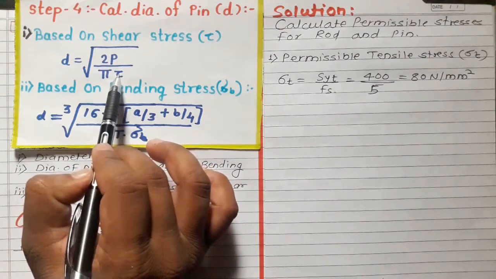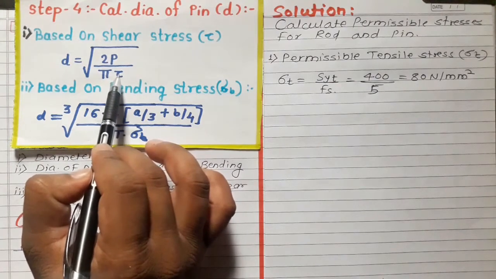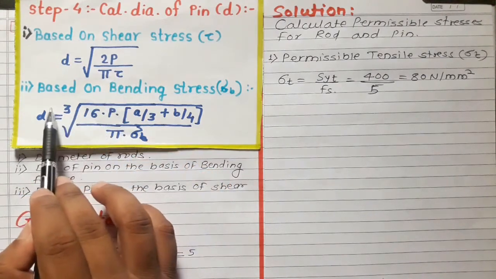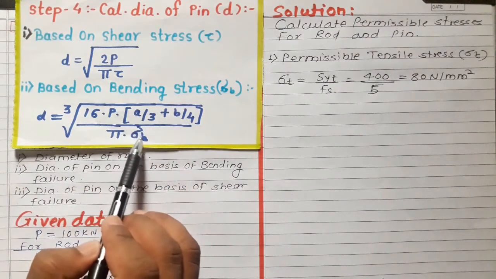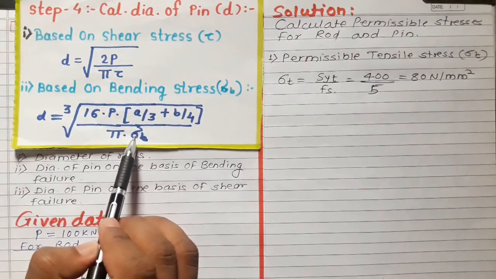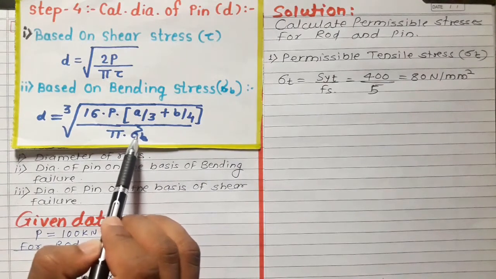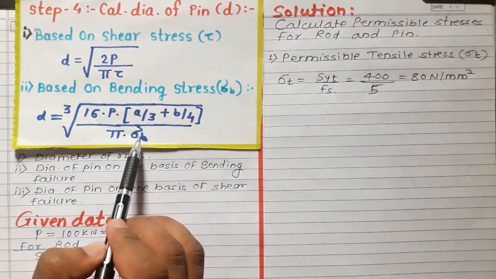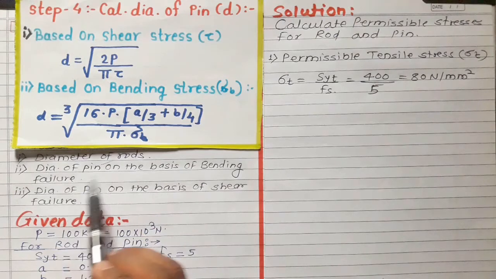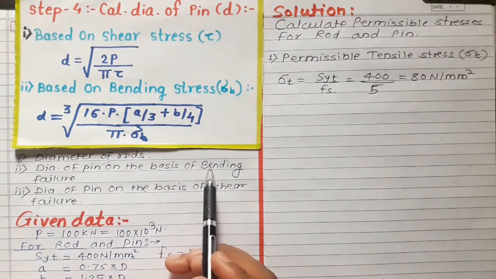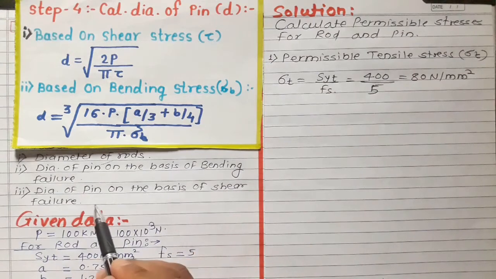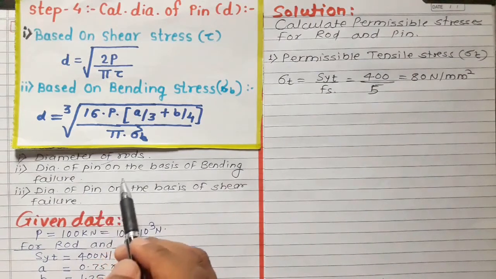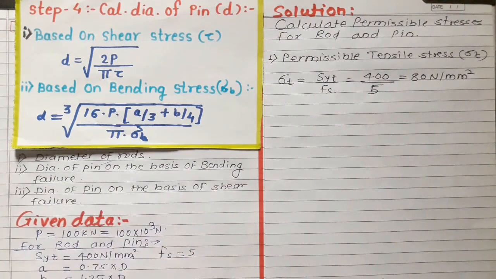So this is the second permissible stress that we have to find, and the another equation to find out the diameter of pin is based on bending stress, where the sigma b is nothing but the permissible bending stress for pin. So this is the third permissible stress that we have to determine. So in order to find out the diameter of pin based on bending stress, we have to find out permissible bending stress, and in order to find out the diameter of pin based on shear stress, we have to find out the permissible shear stress. Now let us calculate these permissible stresses.